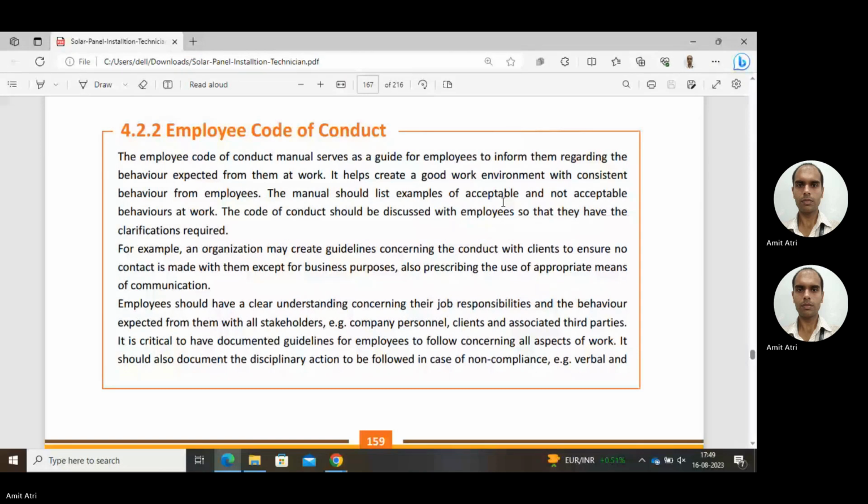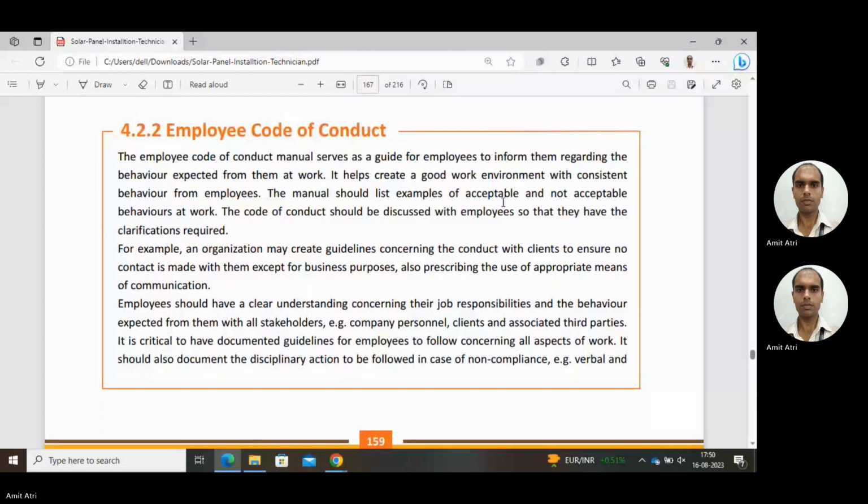The employees should have a clear understanding concerning their job responsibilities and the behavior expected from them with all stakeholders, like the company personnel, the officials in the organization, the clients, and the associated third parties involved in performing the different tasks or purposes which the company serves. So it is critical to have documented guidelines for employees to follow concerning all aspects of work.